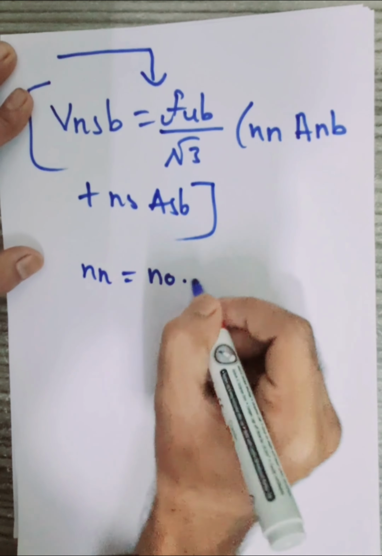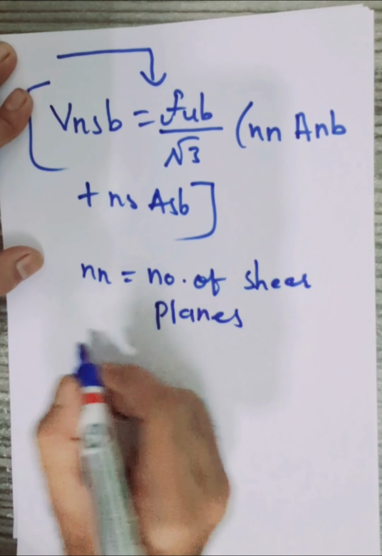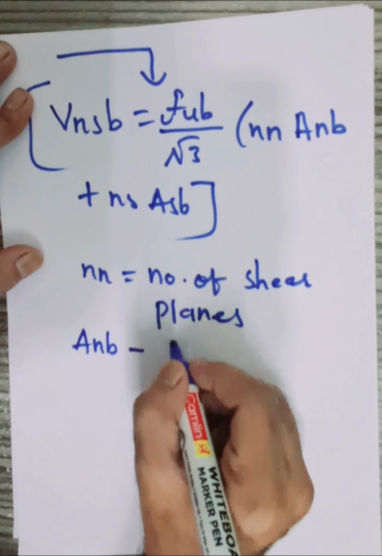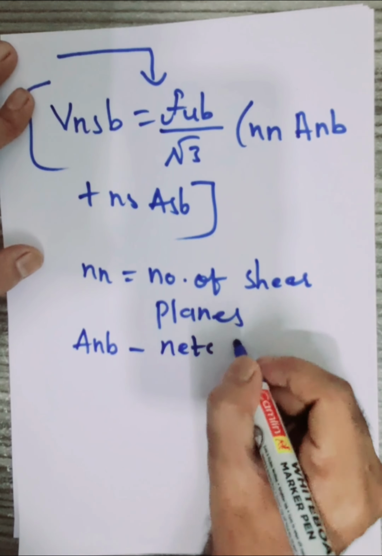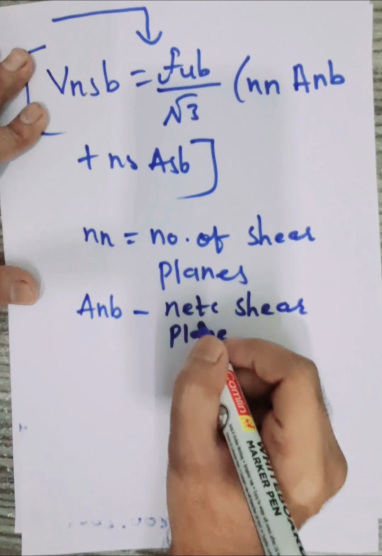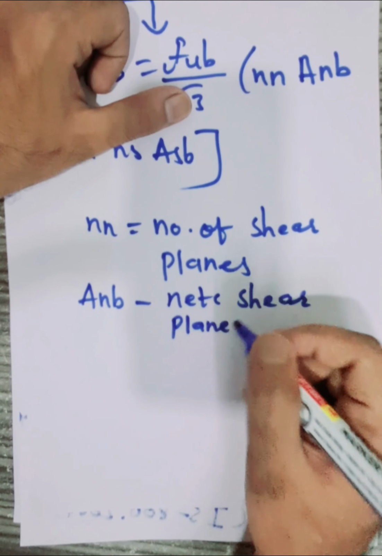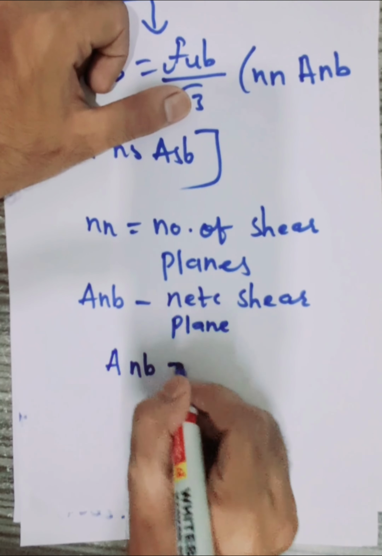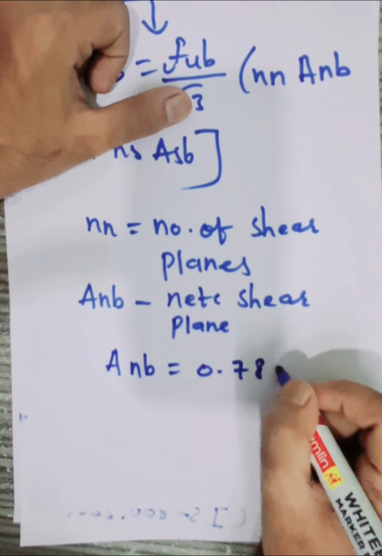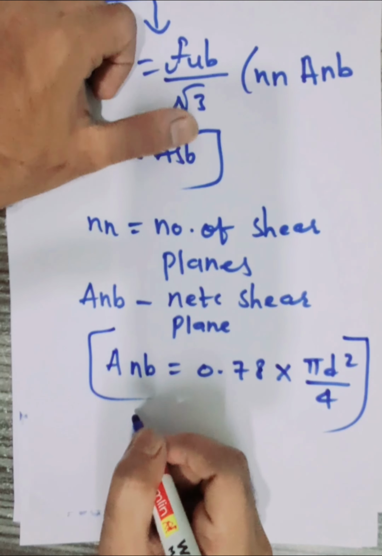NN is nothing but the number of shear planes with threads intercepting the shear plane. ANB is the net shear area of bolt, given by 0.78 into pi d square by 4. You should remember that.